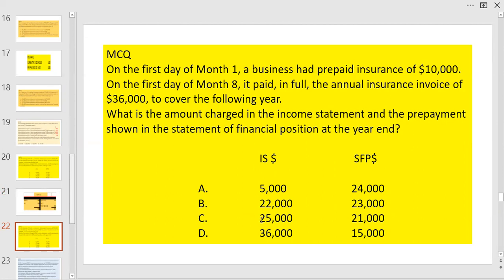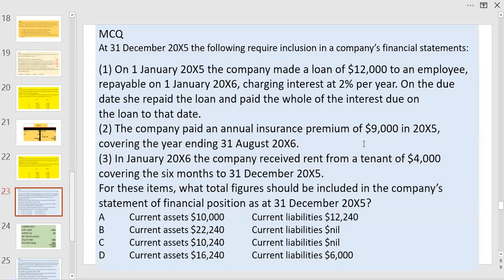The next MCQ: at 31st December year 5, the following required inclusion in a company's financial statement. Number 1, on 1st January 2005, the company made a loan of 12,000 to an employee, repayable on 1st January 2006.